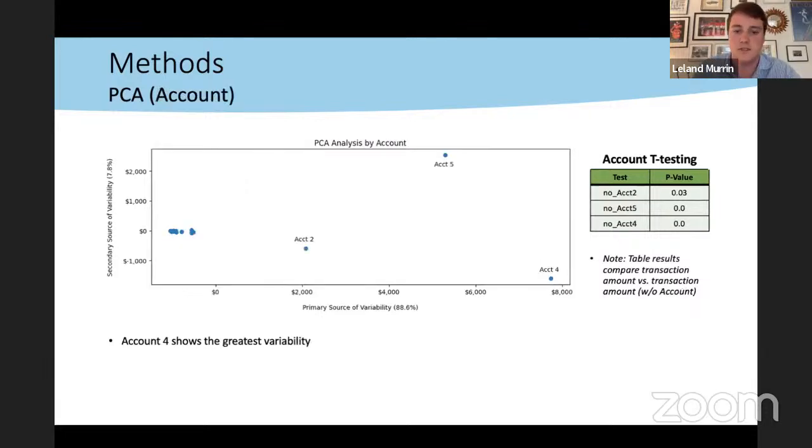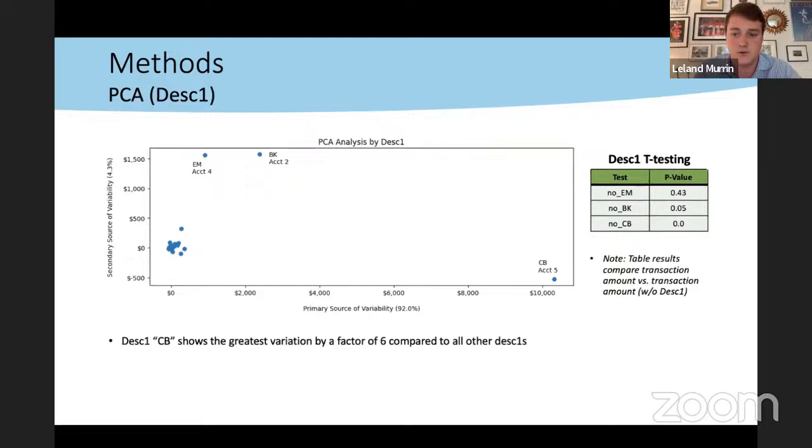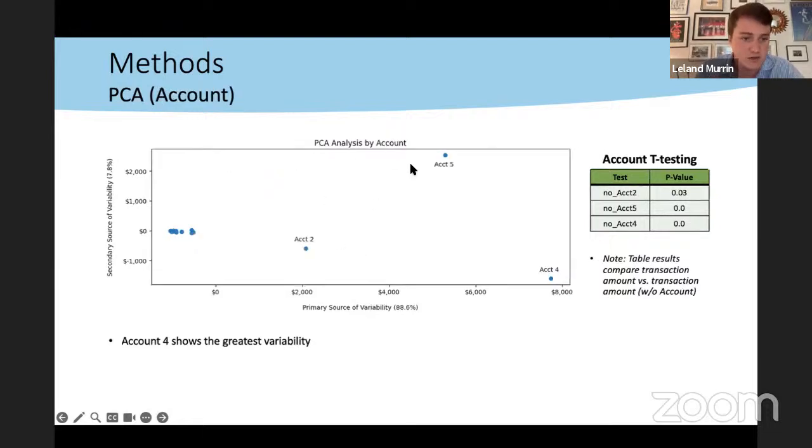Similarly here, I listed all the constituent accounts for these 3 description 1s, the main accounts that comprise their transactions. Accounts 5, 2, and 4 popped up. So I ran a PCA as well, just to get another idea of what accounts are coming up. And the same 3 accounts exhibited the primary sources of variation, particularly account 4.